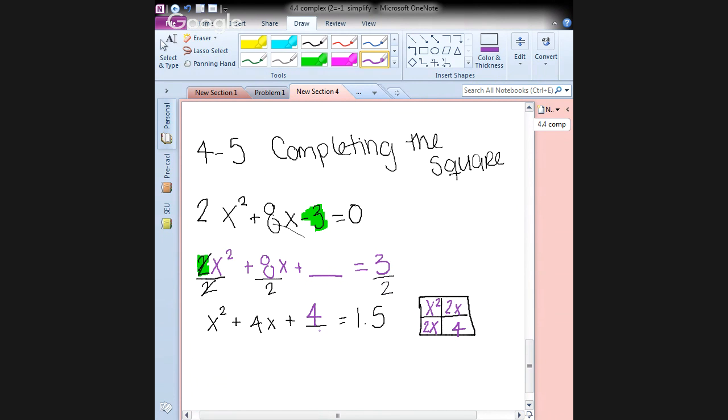So I add 4. The equation has to stay balanced, so if I add 4 to one side, I have to add 4 to the other side. The purpose of completing the square is that I can rewrite it as a perfect square. So here's the outside of my box, and the whole reason I did this is so I could rewrite this side in terms of the outside of my box.